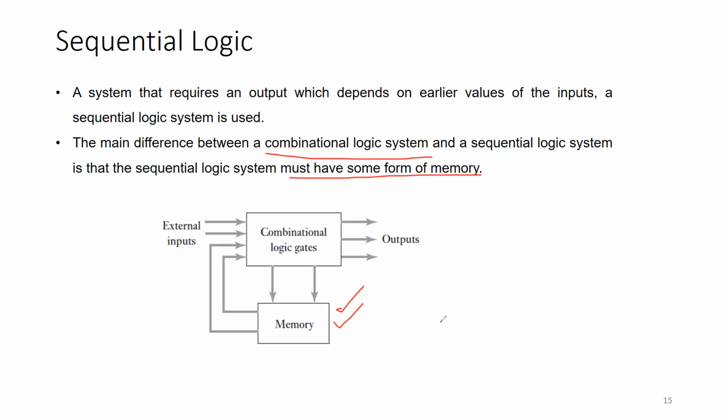Everything else is the same, just the combination of various gates. So external inputs and combinational logic gates give you output, and some input is also coming from the memory side. And whatever is happening in this combinational logic gate is stored in the memory. So memory is connected as an input and also as an output from the logic gates.